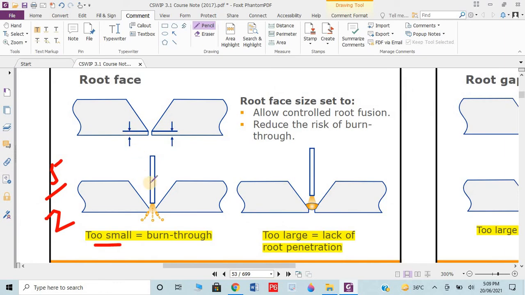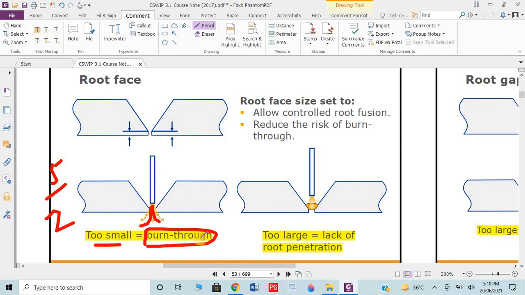Imagine we are doing the welding with this electrode and the heat input is here. The root face is small, so there will be more pressure on the arc or flame. It will try to go outside, right?